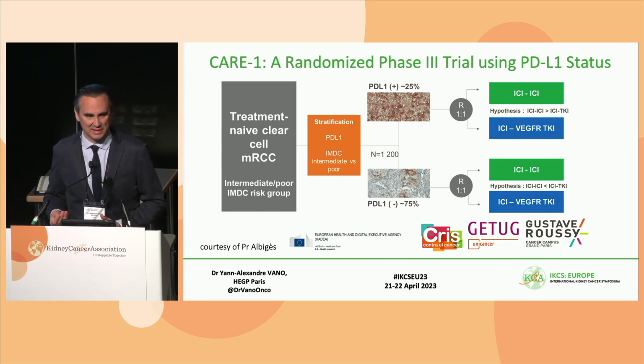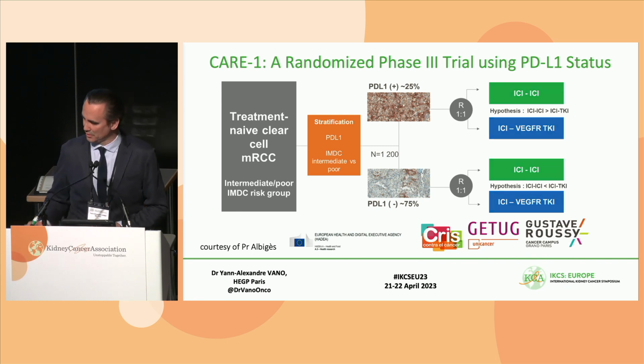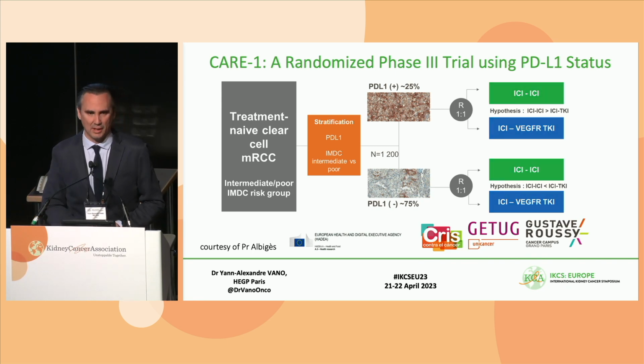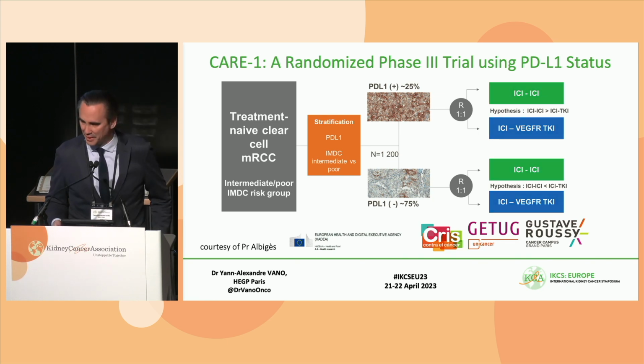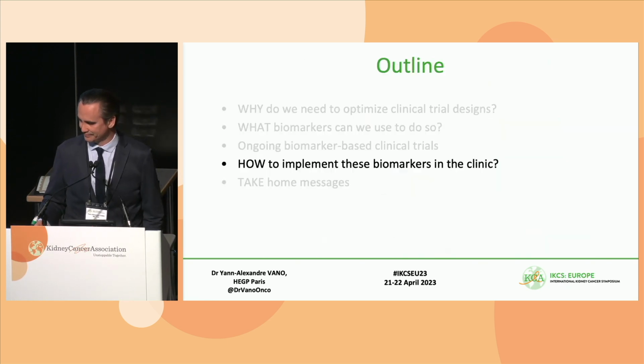The hypothesis is that in PDL1 positive tumors, the double IO is superior to IO-TKI, and in PDL1 negative tumors, the IO-TKI is superior to the double immunotherapy. And 102,000 patients are awaited in this trial.